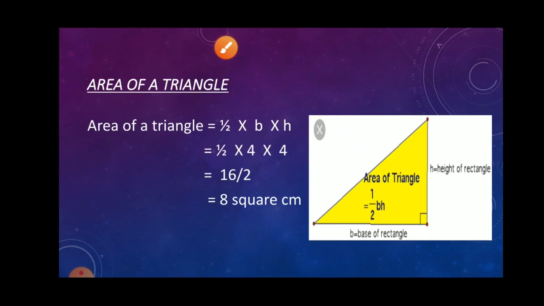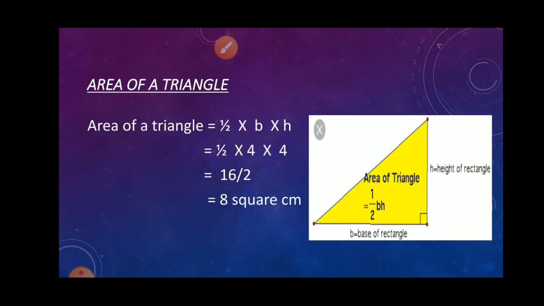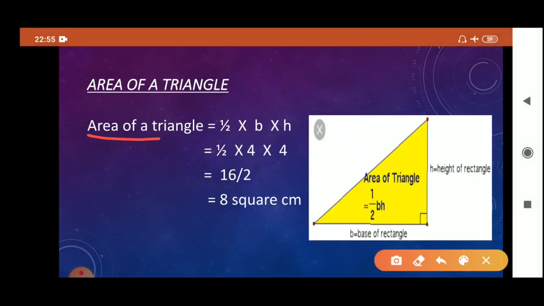Now, let us find the area of a triangle by using a formula. Here, the formula is area of a triangle is equal to 1/2 B multiplied by H. B means base of a triangle, this horizontal line, and H means height of a triangle.